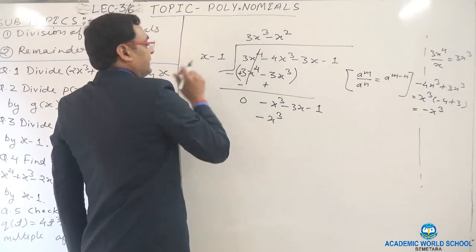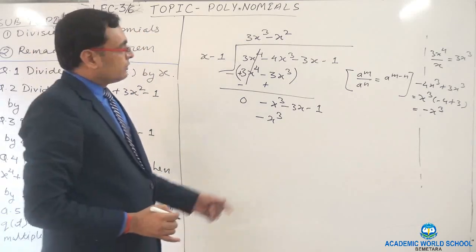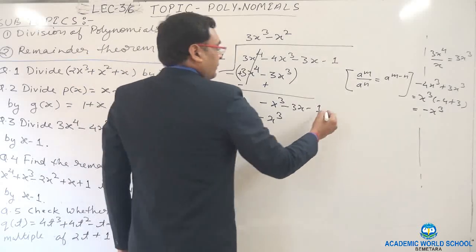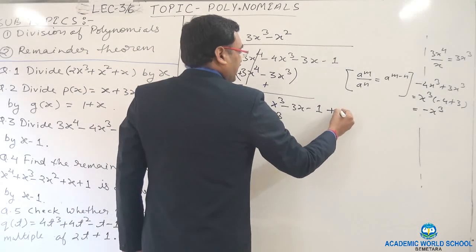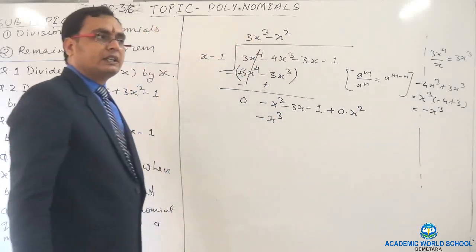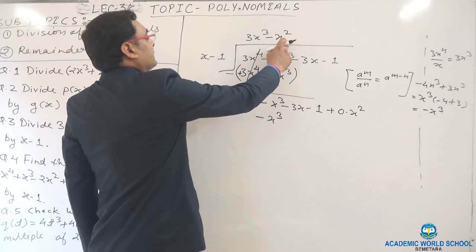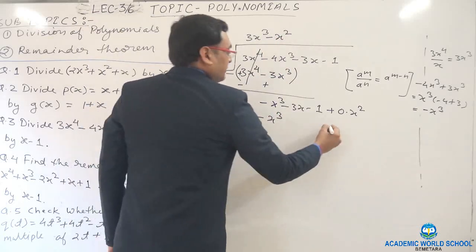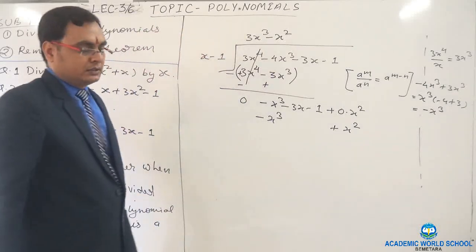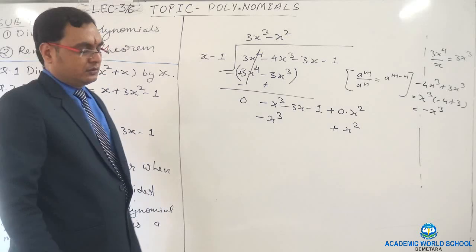Minus x squared into minus 1 is plus x squared. Now look, here we do not have x squared, so we can consider it like plus 0 x squared. The coefficient of x squared is considered 0. We will write it here. If we do not write this term, then also we can solve it.